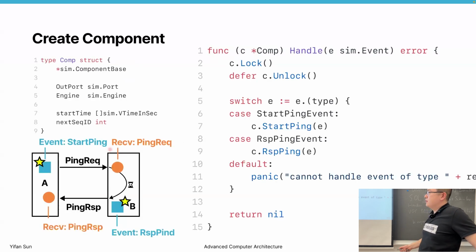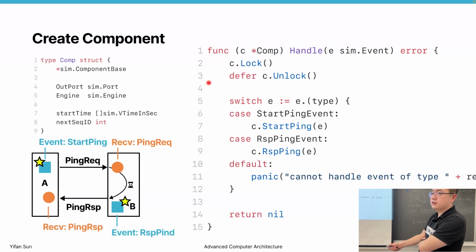So let's go through this process. Remember, a component is a handler, right? So the handle is probably the most important function within a component. We're handling events, although we don't know what type of events we're handling at this moment. In this diagram, we're doing the start ping and this response ping, these two points.